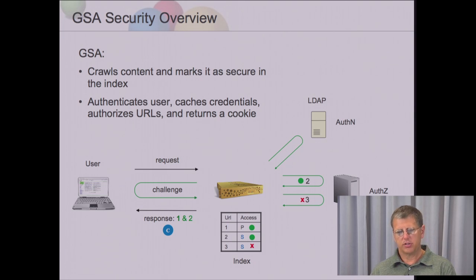What we're going to do now is build up a list of potential search results for a user, and maybe it's documents 1, 2, and 3 in this case. Document 1 is public, so we'll return it. Document 2 is secure, so we'll send an authorization check in the form of an HTTP head request.